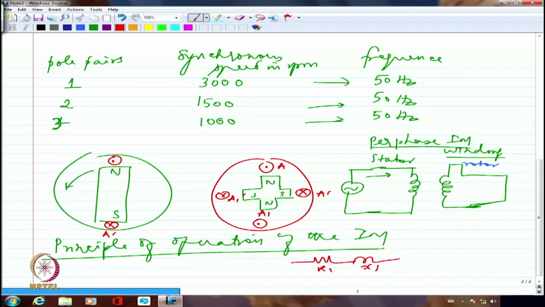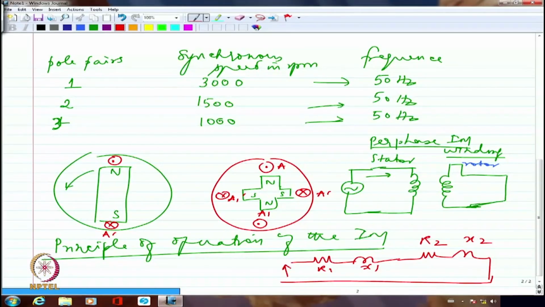X1 was leakage, and I had R2 and X2, which was leakage, clearly. I had the entire thing connected. I'm not even worried about the parallel parameters. I have short circuited, so I'm not unduly worried about it. So I am going to apply V1 here.